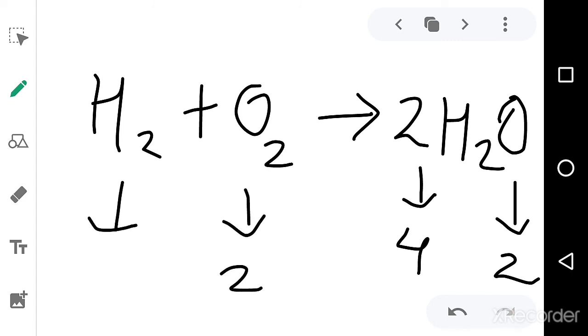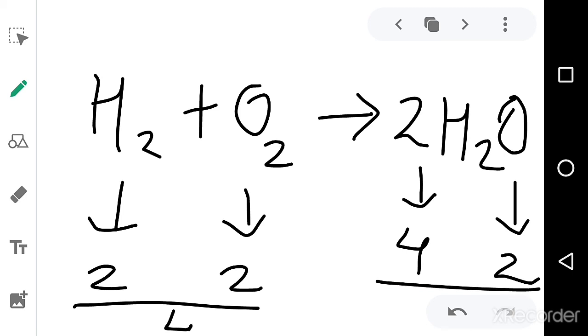Now hydrogen becomes 4 atoms because 2 2s are 4, and here 2 1s are 2, if there is no number then it is 1. Now again the addition is 4 and here the addition is 6. So the reaction is still imbalanced. Why? Now oxygen is balanced but hydrogen is not balanced.